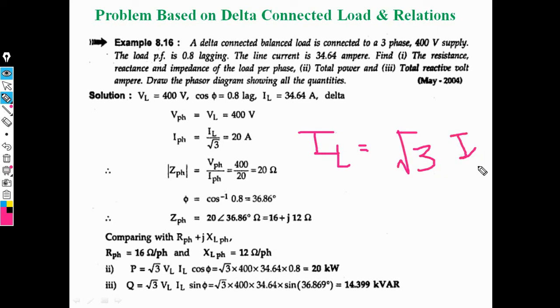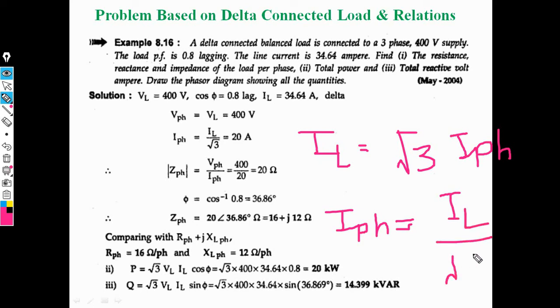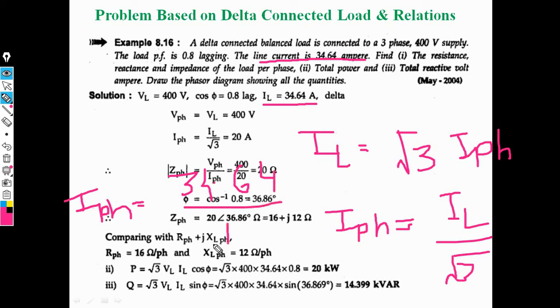Rearranging the equation for IPH, IPH is equal to IL upon root 3. Putting the line current IL as 34.64, we obtain IPH is equal to 34.64 upon root 3, so IPH is equal to 20 ampere.